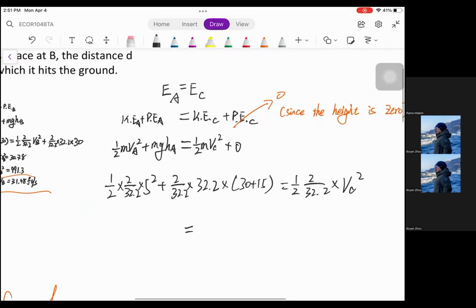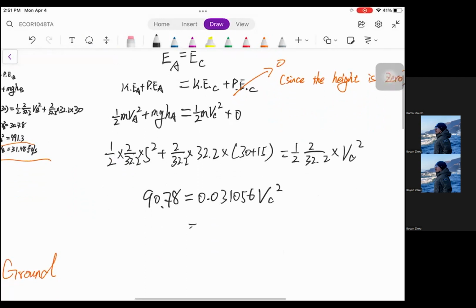Then just do the math. You should have 90.78 equal to 0.031056, the exact same number as before, times VC squared. So VC is equal to 54.06 feet per second.